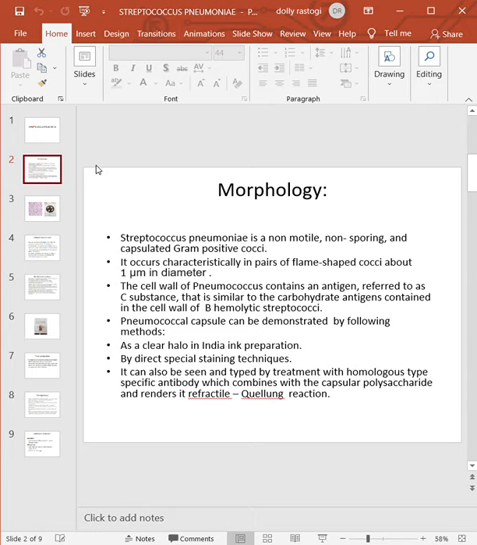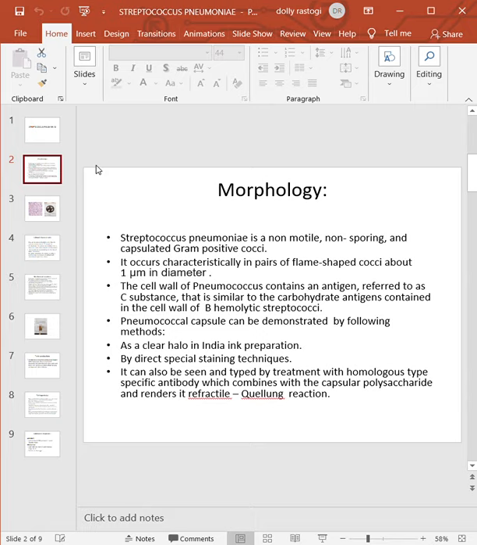Morphologically, they are typically small, slightly elongated cocci with one end broad or rounded, having a flame-like appearance, also called lanceolate appearance. They occur in pairs, hence they are called diplococci, with broad ends in opposition.